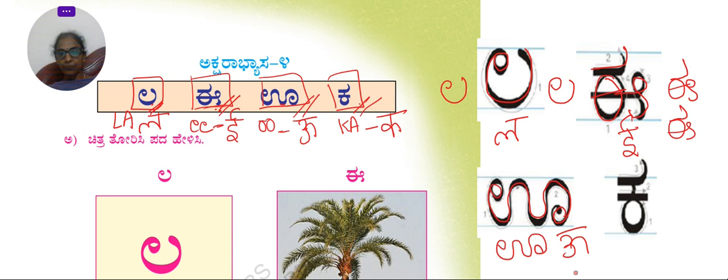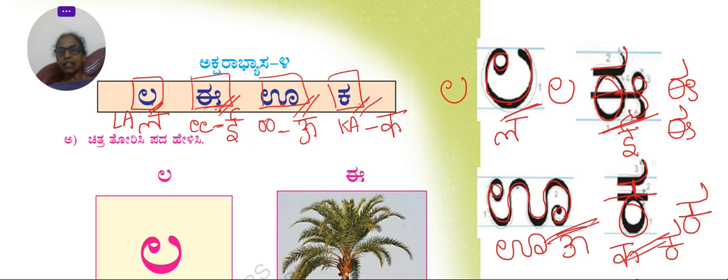Then this is ka. You write a circle, put a line, then put another small vertical line and put a talekattu. This is ka. So once again, la, e, oo and ka.